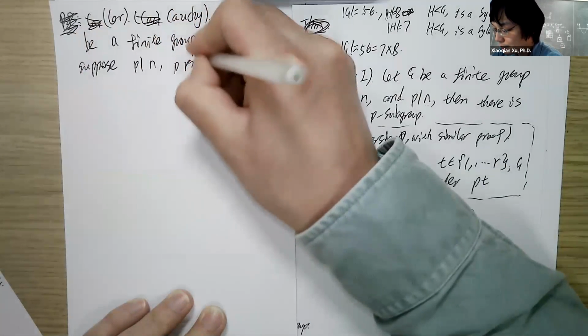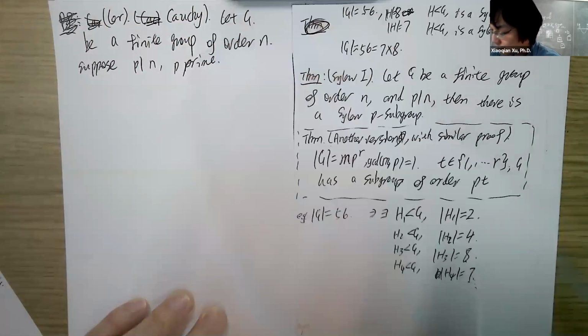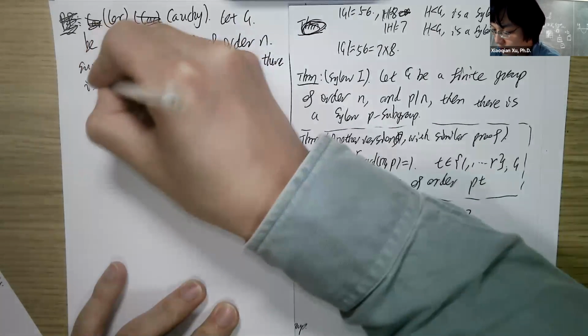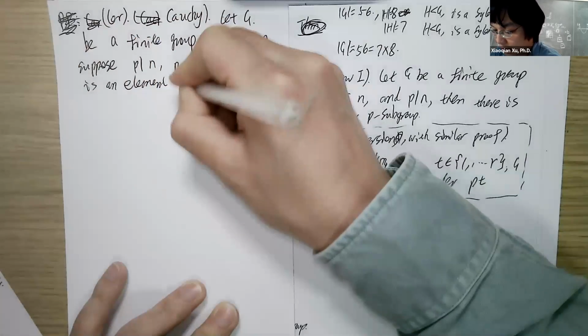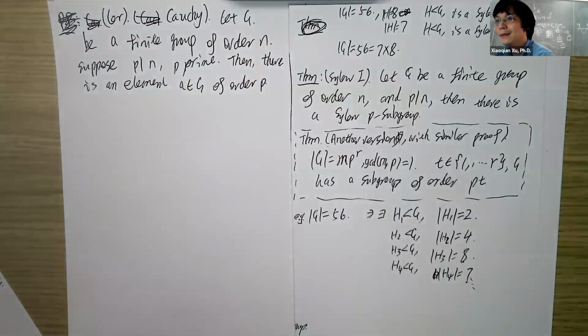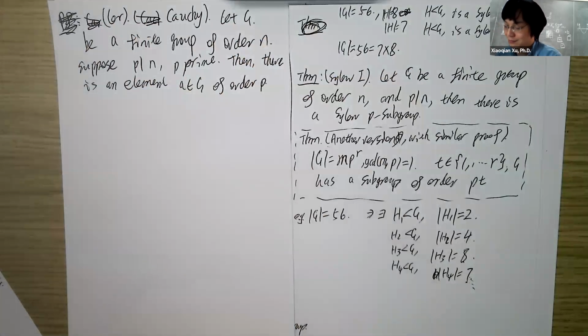Then there is an element A in G of order P. Be careful here: it's of order P, not P to some power. You can only guarantee that there is an element of order P, not P squared, not P cubed, not P to the alpha.